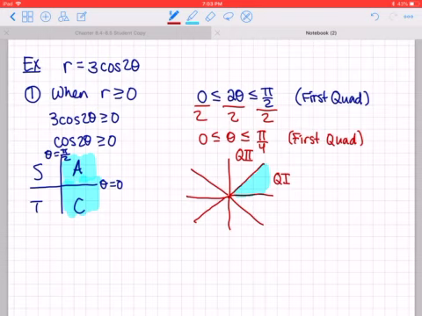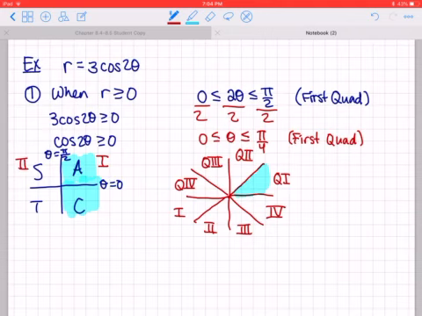So quadrant 1, 2, 3, 4, quadrant 1, 2, 3, 4. So basically with the 2 theta, it's like you're going around twice. Okay, so we know cosine's positive in quadrant 1 and 4. So we know it's going to be positive here and at 4 and at 1 and at 4 again. So that's when r is positive. It's in that blue area.